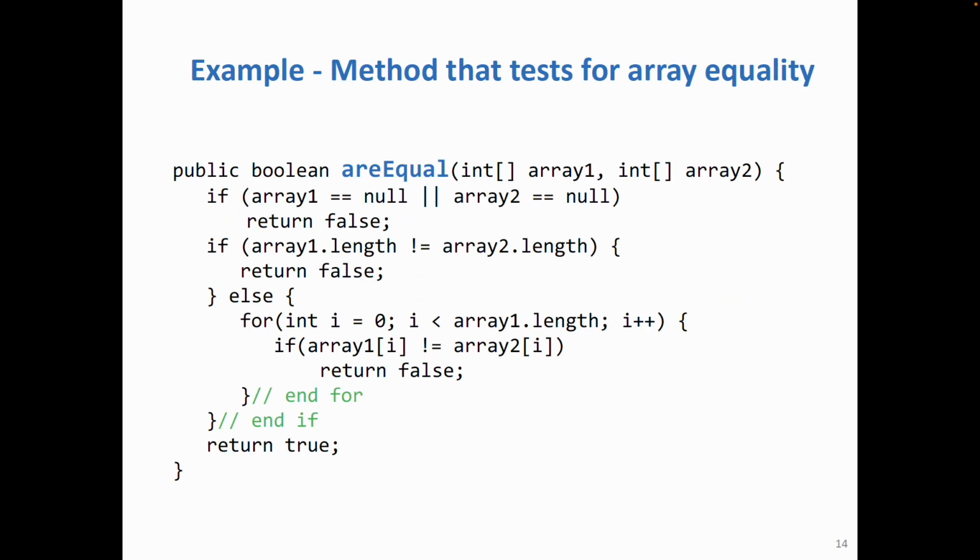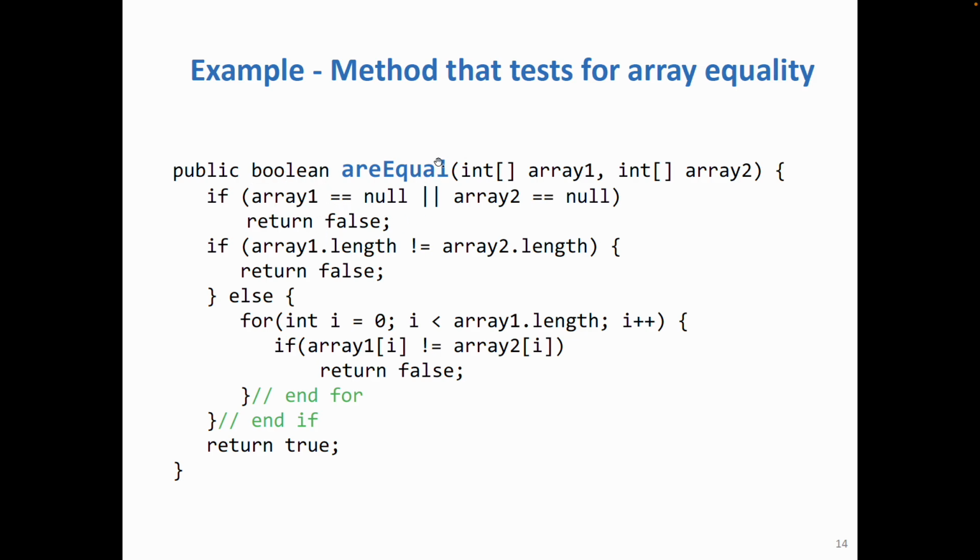If you want to know whether these two arrays are the same, well, of course, there are multiple solutions for that, but let's say that we want to create a function for that. It takes two integer arrays, and then compares whether they are equal or not. So first, we check, is one of them null?